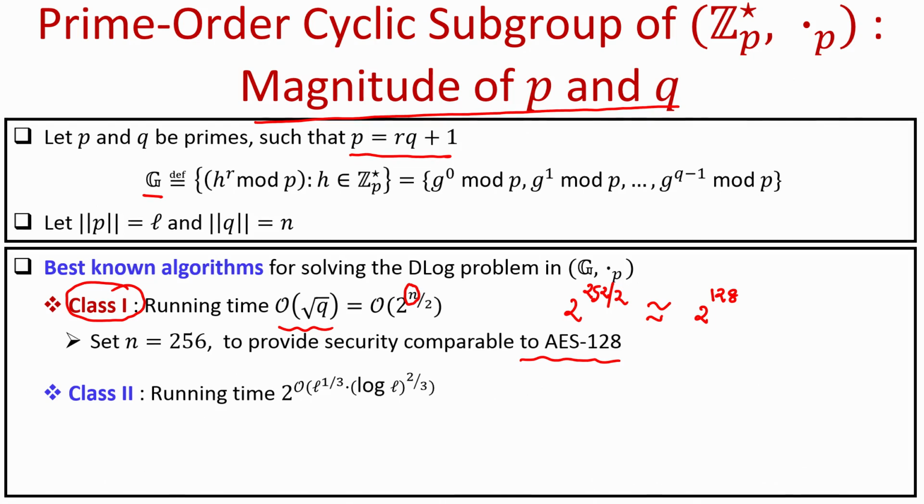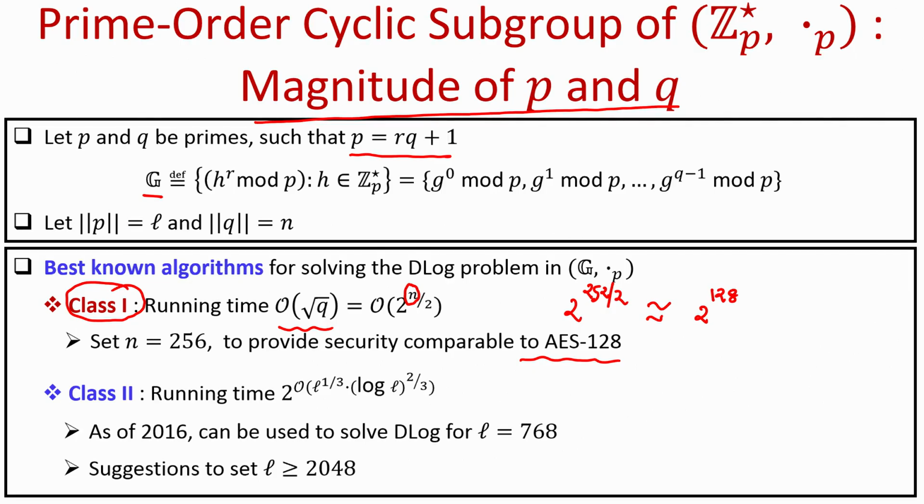Whereas, the class 2 algorithms for solving the D-log problem in this cyclic subgroup have a running time that is polylogarithmic in the value L. Precisely, the running time is 2 to the power of order polylogarithmic in the number of bits needed to represent p.